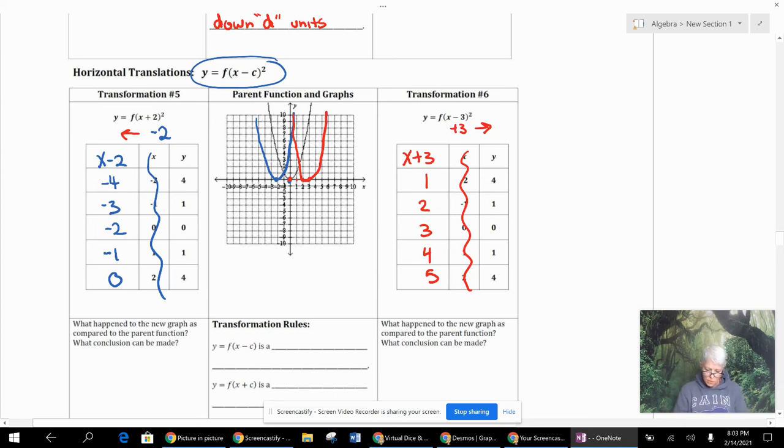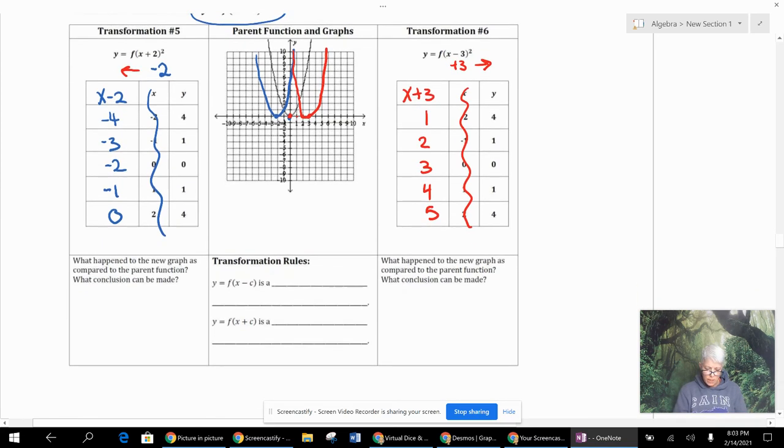Bam. So what is this called? What do we call this? Well, let's see. The second one here where it says plus C, it's going to be a horizontal translation left C units.